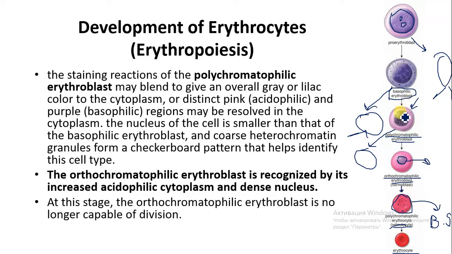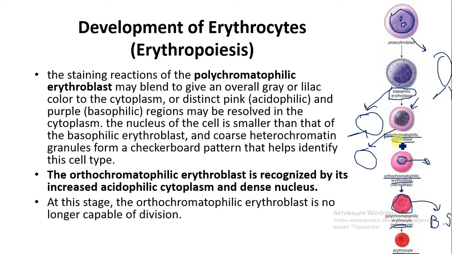Then ribosomes produce hemoglobin inside the cytoplasm, and that's why the cytoplasm became double colored, and this is reflected in the name polychromatophilic. Poly means a lot, multiple, and chroma is color. So it's a multicolored erythroblast, the polychromatophilic erythroblast.